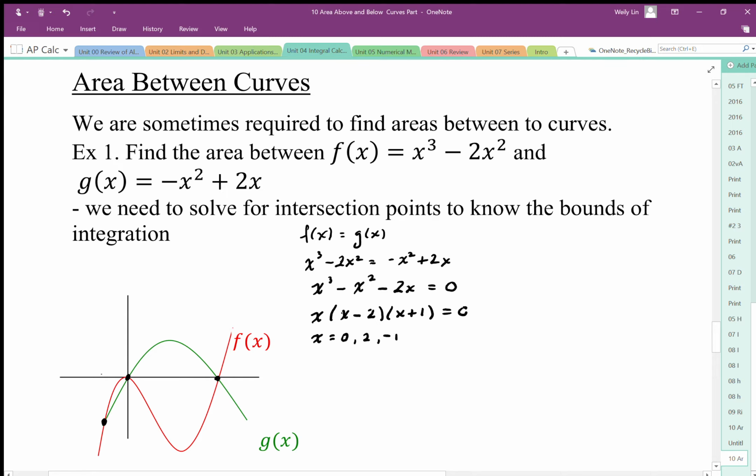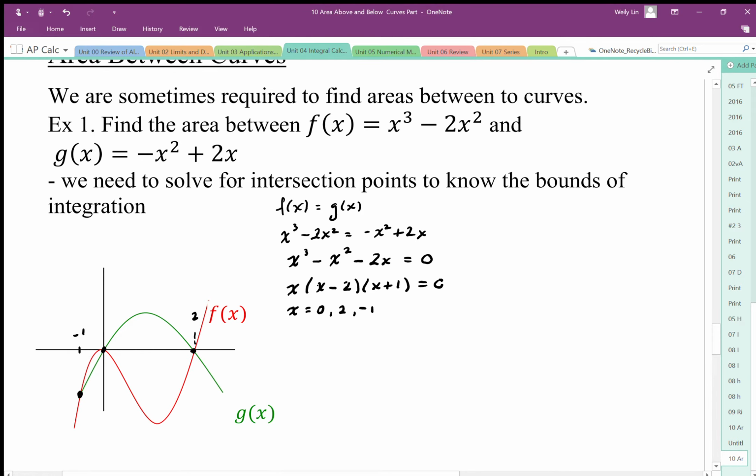So this intersection here is at negative 1, there's 0, and that's going to be at x equals 2. So this establishes my bounds of integration. To find area, I need height times width.